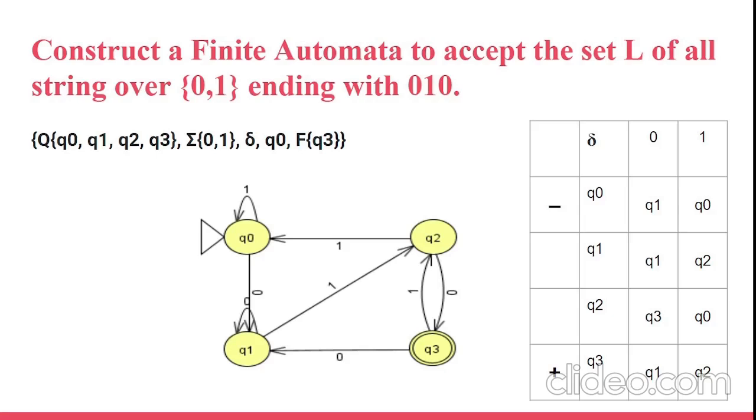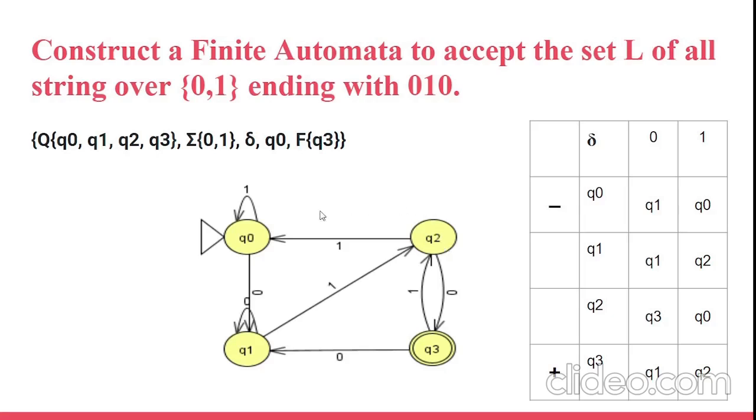If it is not on the final state, then the string is rejected. A finite automata is a 5-tuple which contains Q, sigma, delta, q0 and F. Q is the set of states, sigma is the set of input symbols 0 and 1, delta is the transition or mapping function, q0 is the initial state, and F is the set of final states.